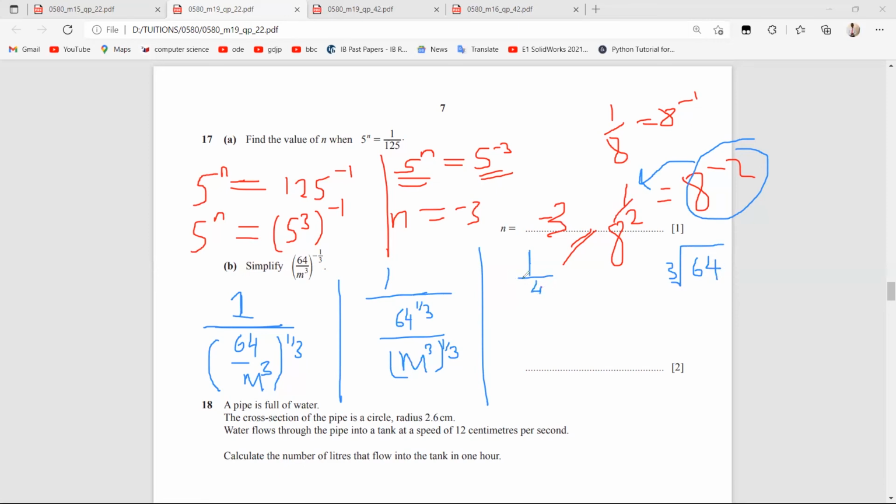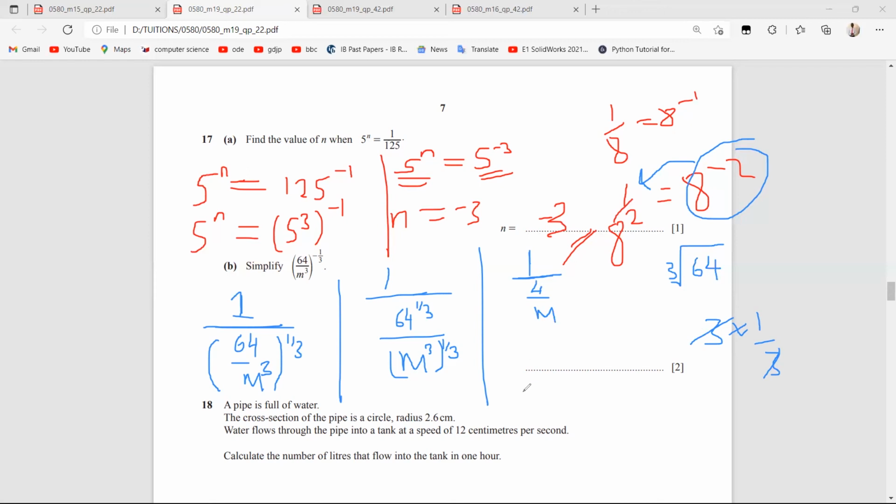That is, 64 power 1/3 is 4. And m power 1/3, if you open that bracket, the powers multiply. So 3 times 1/3 is just 1. You can type it in your calculator if you're not sure about it. So it will just be m power 1, which is just m.